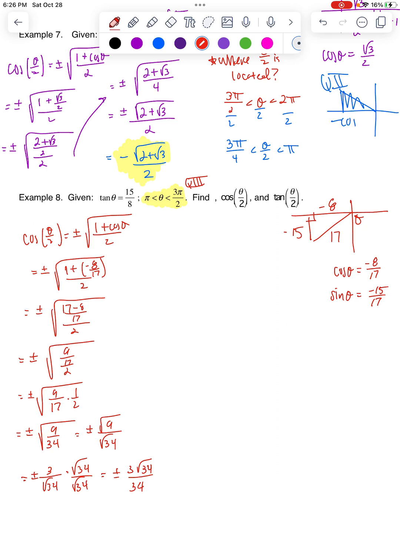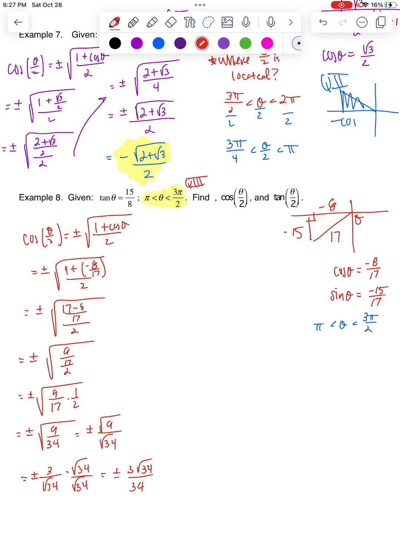However, we do need to figure out if our answer is going to be positive or negative. So again, just like example 7, we're going to have to manipulate where our theta was located. So theta is between pi and 3 pi over 2.